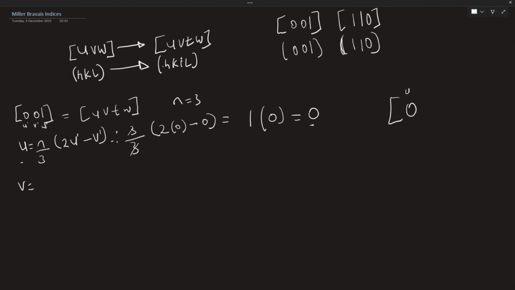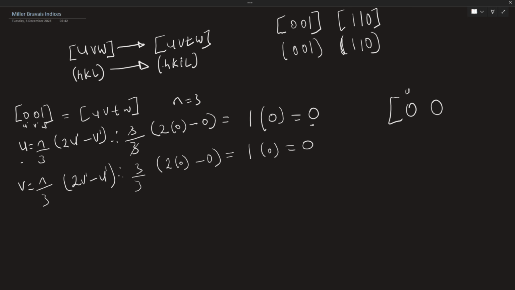Then formula for our v is equals to n over 3. Then we have 2v initial minus u initial, close bracket, so therefore we have 3 over 3 again, and we have open brackets, 2, they're both zeros again, 0 minus 0 equal to 0 again.